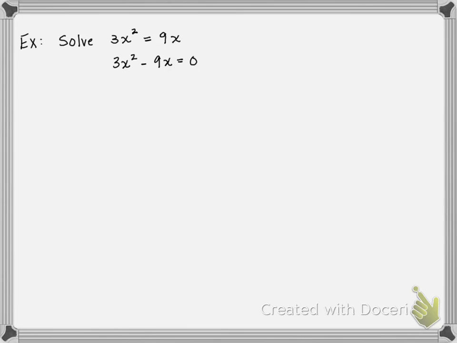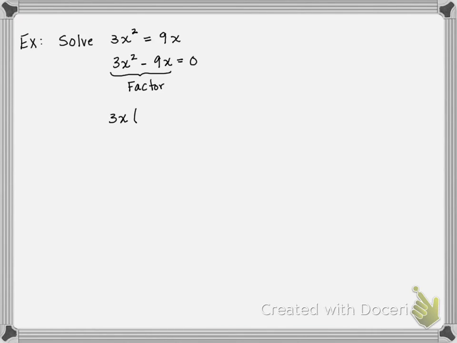So we just took care of that first step. We got a 0 on one side. Now, is the left side a product? No, it is not. This is a polynomial in simplified form. It's the sum or difference of individual terms. So we're going to factor this. My GCF here is 3x.